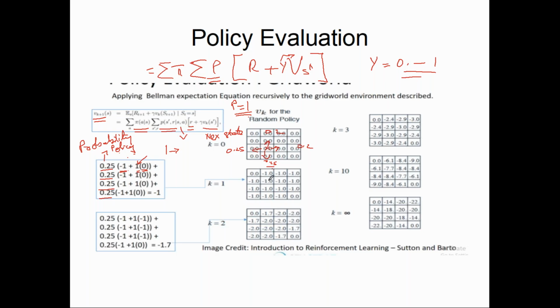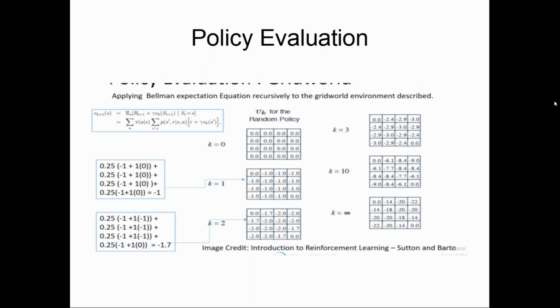Now, for example, let's look at it here. I'll just clear some of it. I think we are trying to calculate for here. For this particular state, moving in each case has probability 0.25.